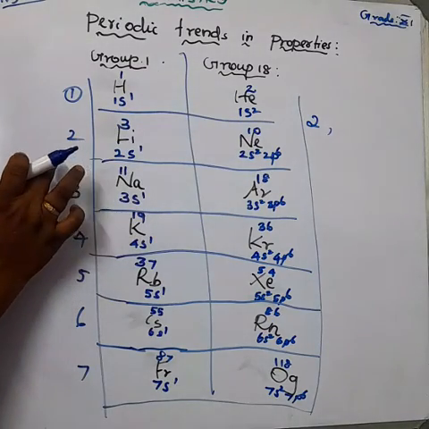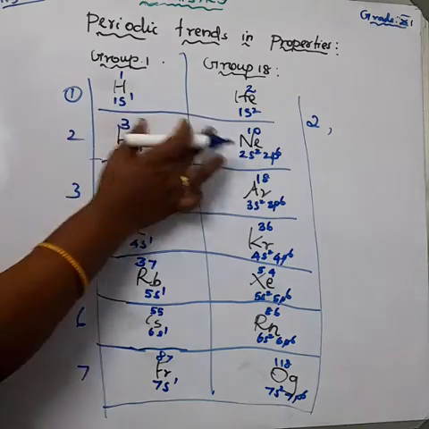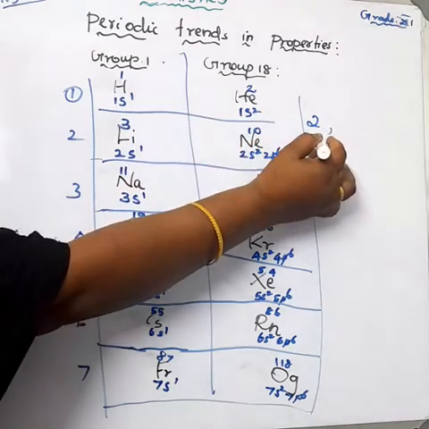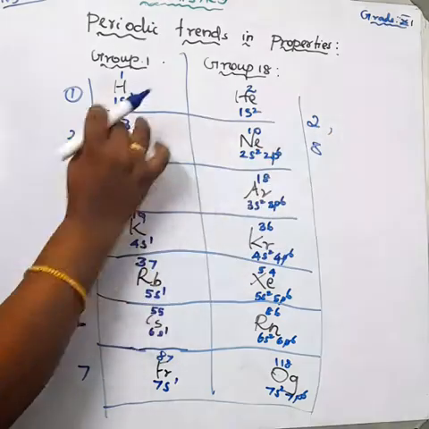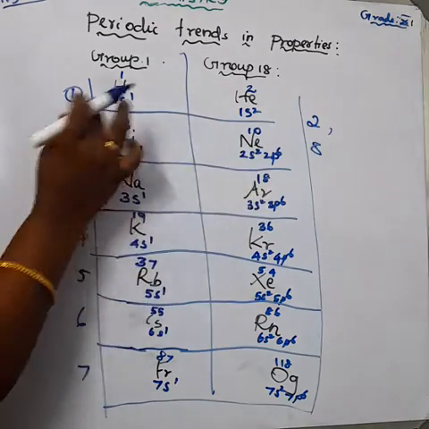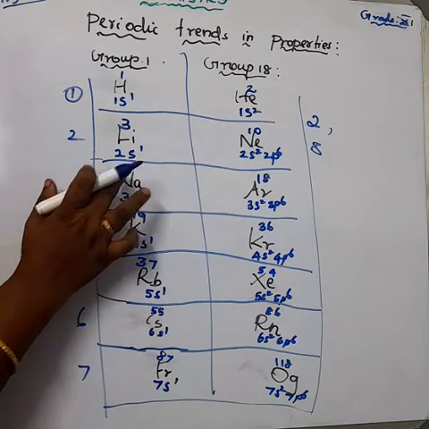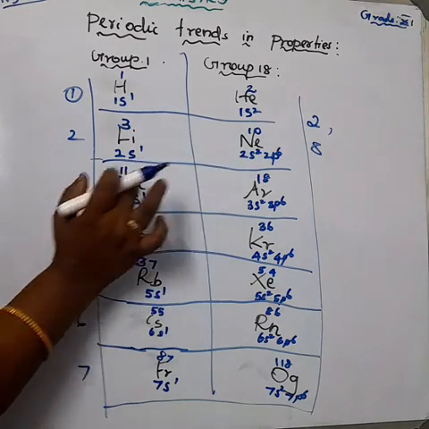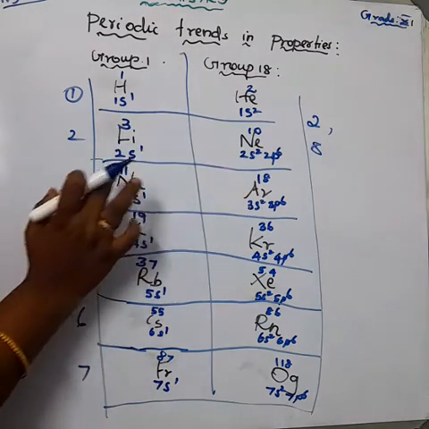From lithium to neon, the atomic number increases by 8: lithium is 3, neon is 10. So after increasing by 8, sodium will form.